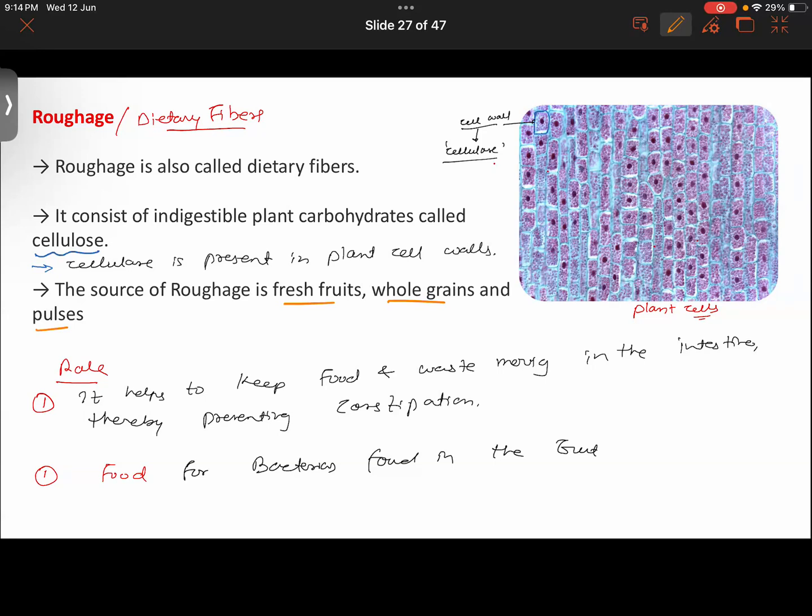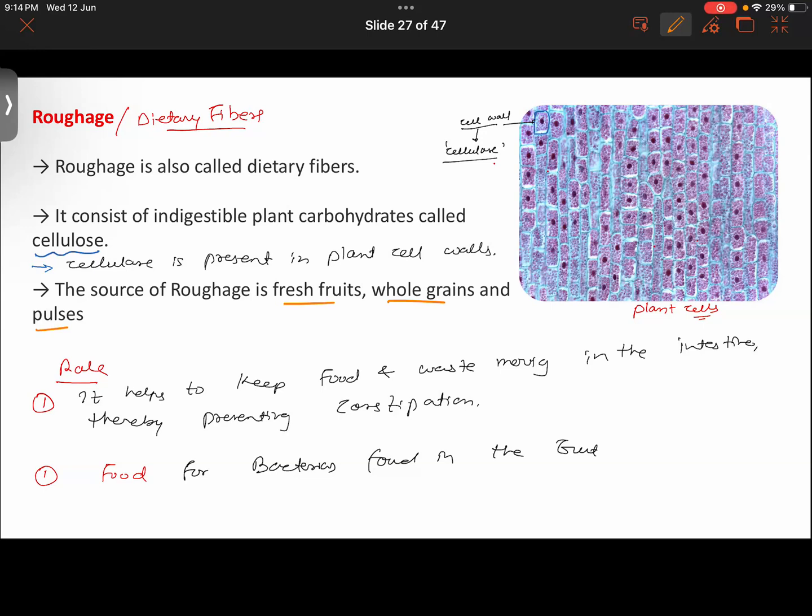They help us to digest food. They are food for the bacteria found in the gut.